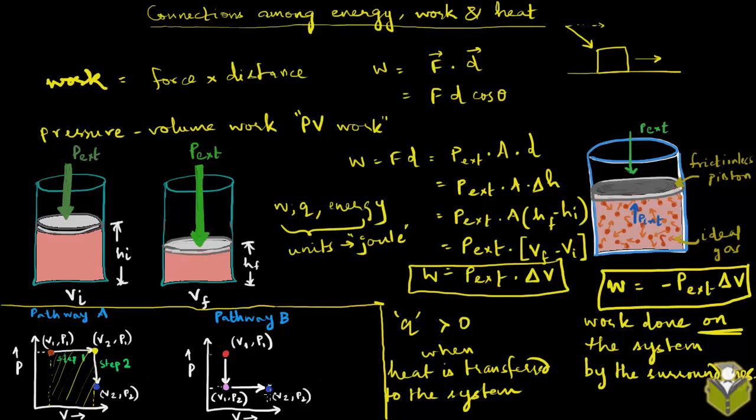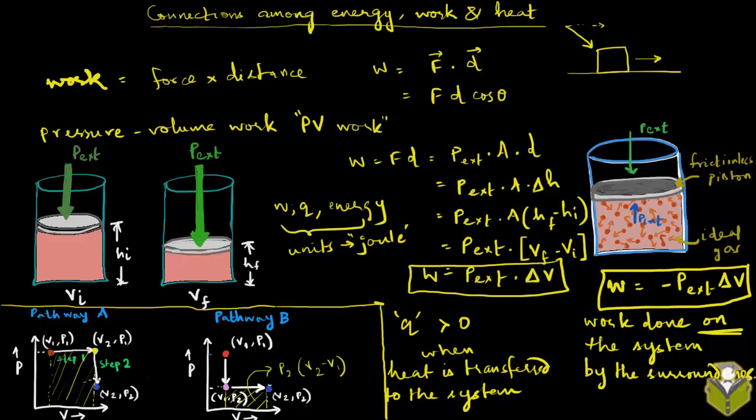So the volume increases in this step. Work done in step 1 is 0 because delta V is 0. But work done in step 2 is going to be this rectangle here, so this is going to be P2 times (V2 minus V1).